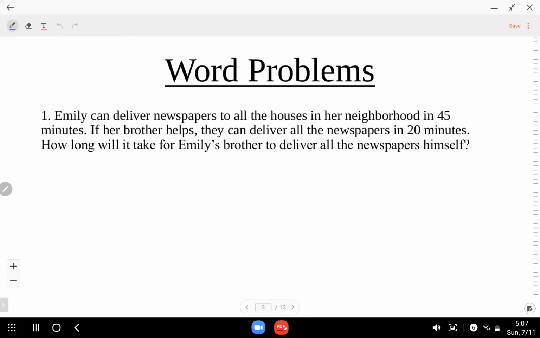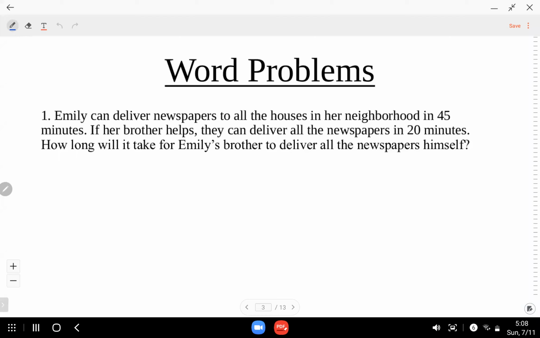All right. Does anybody know how to solve this? Or do you need more time? All right, I'll give you a bit more time to solve this.